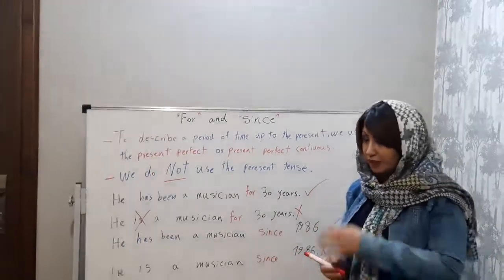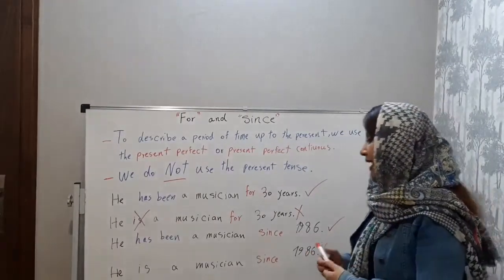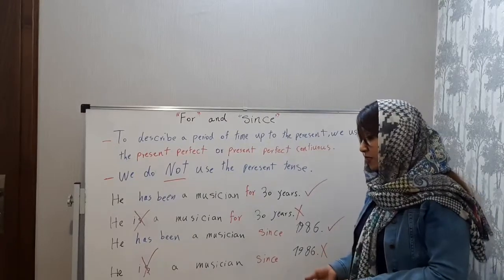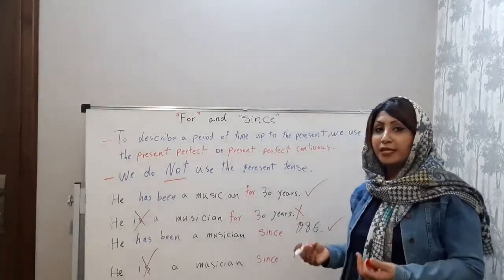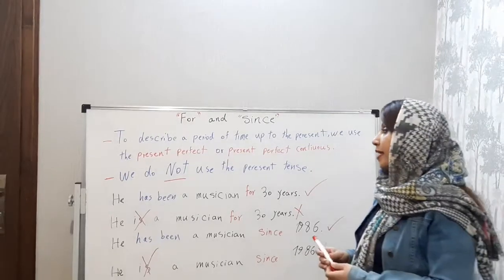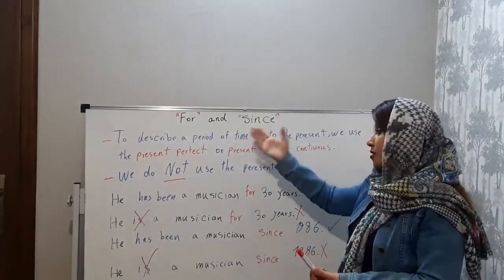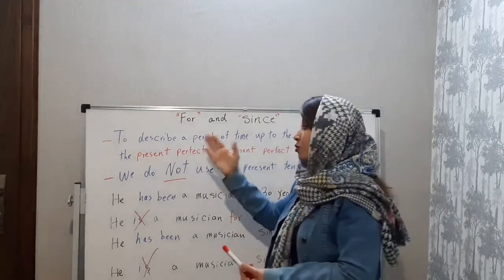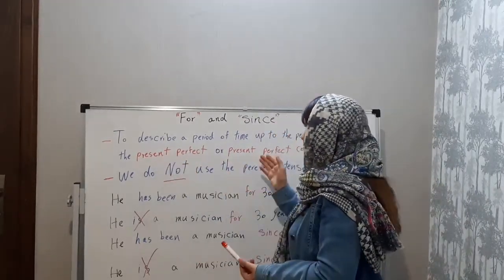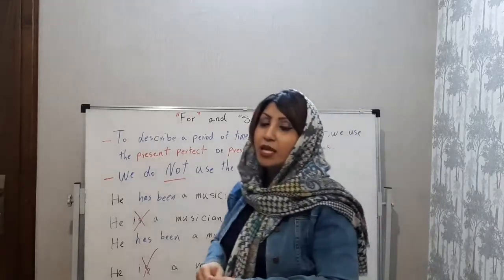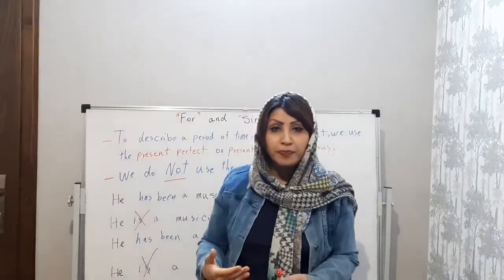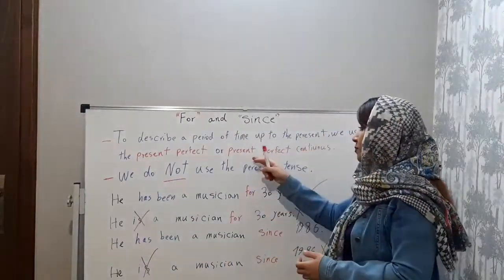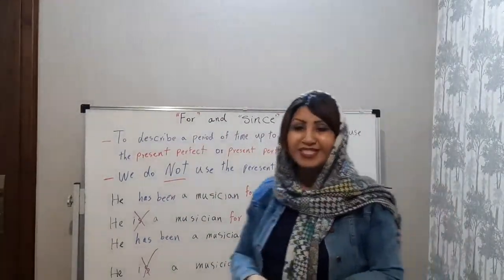It is correct again. And we can't say he is a musician since 1986. It is not correct. When we want to describe a period of time up to the present, we use present perfect and present perfect continuous. In the next part, I'm going to explain more this common mistake with present perfect continuous.